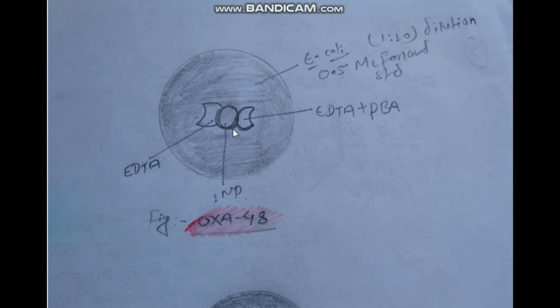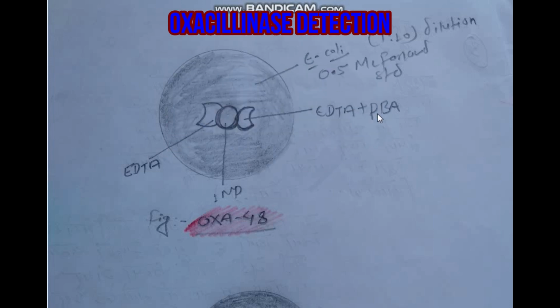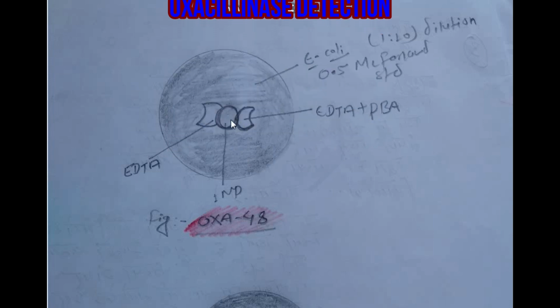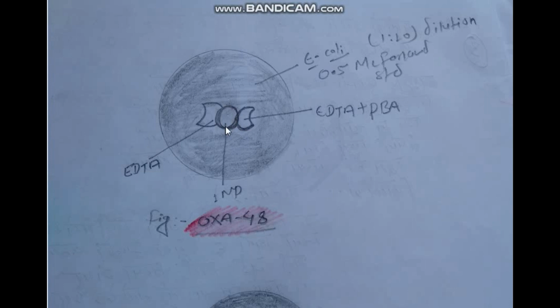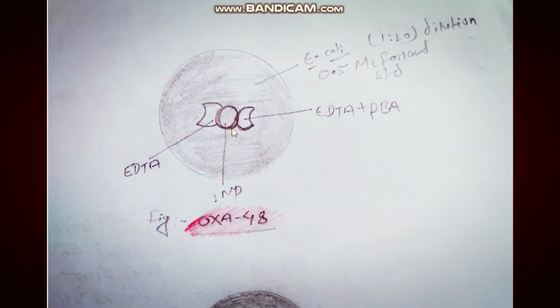The surface of the Mueller-Hinton agar plate was inoculated with a lawn of carbapenem susceptible Escherichia coli, American Type Culture Collection, in brief ATCC 25922, at a turbidity of 0.5 McFarland standard. A 10 microgram imipenem disc was placed on the inoculated surface of the Mueller-Hinton agar.